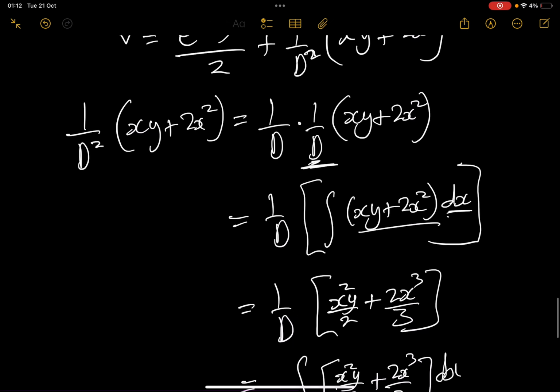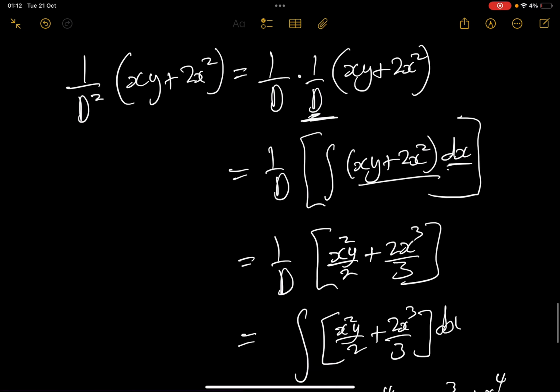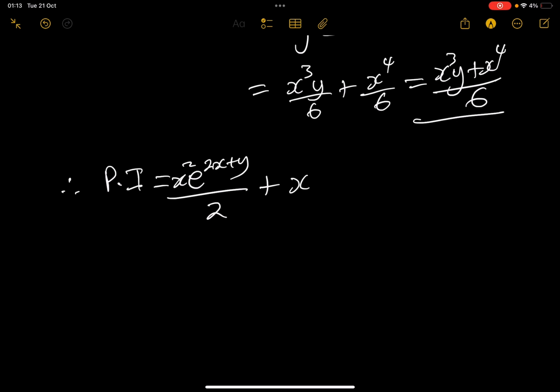So now we can rewrite our particular integral to be equal to x squared e^(2x + y/2) plus x cubed y plus x^4 over 6. So now we have found the particular integral.